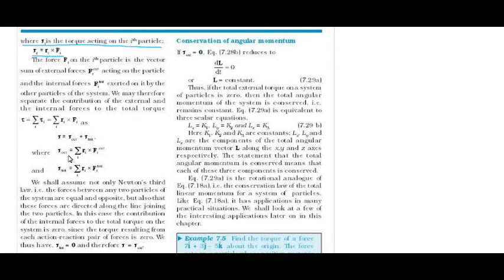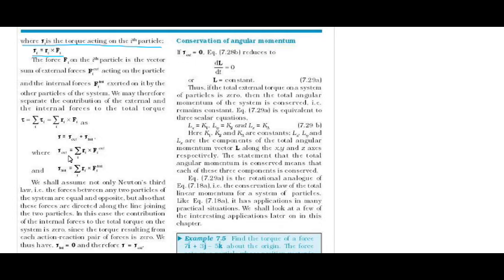We shall assume not only Newton's third law, that is, the forces between two particles of a system are equal and opposite, but also that these forces are directed along the line joining the two particles.